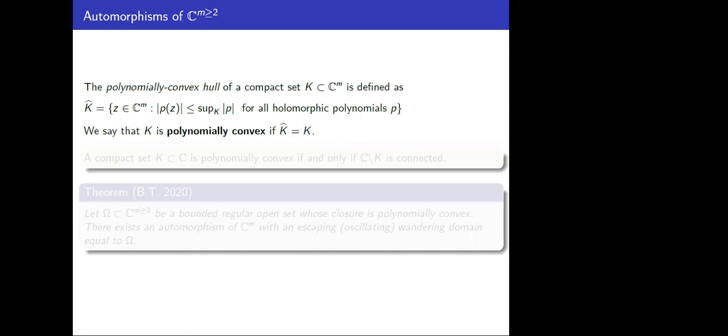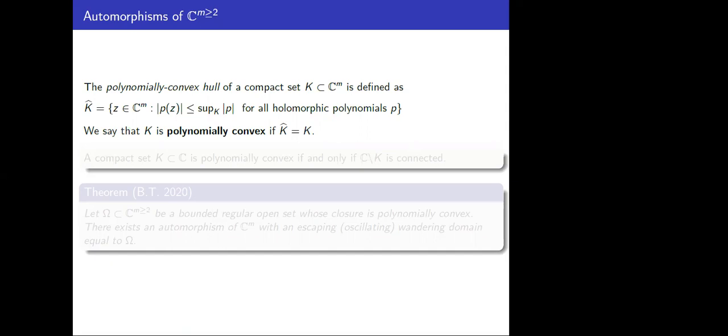I was thinking about this problem, how to make a wandering ball first for automorphisms of C^n. Let's say for C^2 for simplicity, not to complicate the matter. Just because the way of finding wandering domains for automorphisms is a bit difficult, and especially saying something about their geometry is still a big mystery.